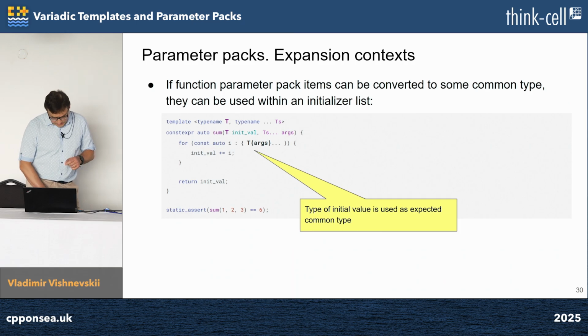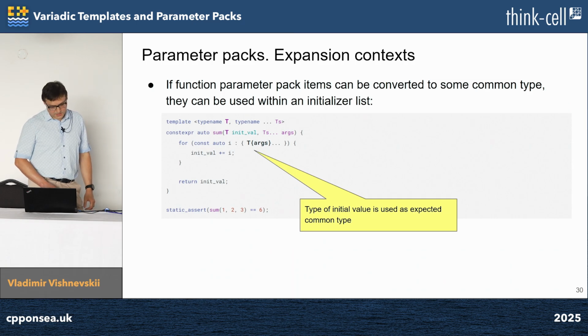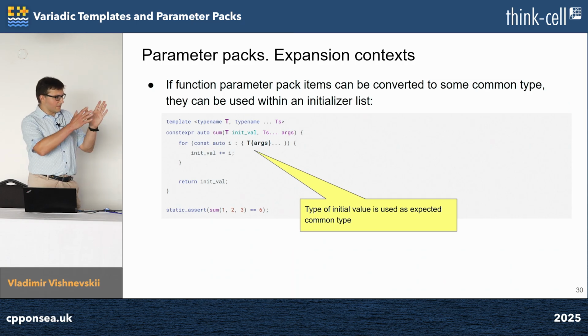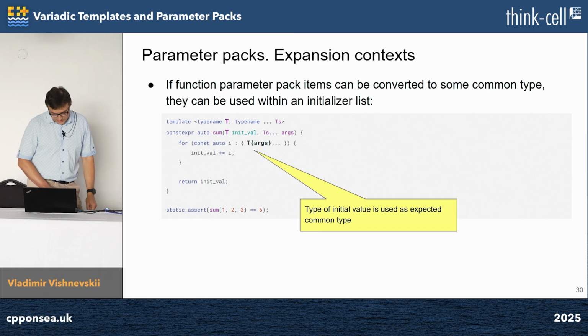So for the initializer list, we need the common type. That's a limitation, of course, because an initializer list should contain items, so values, of the same type. So here we can use some initial value that is the first argument when the sum function is called as a result type and also as the type within the initializer list.